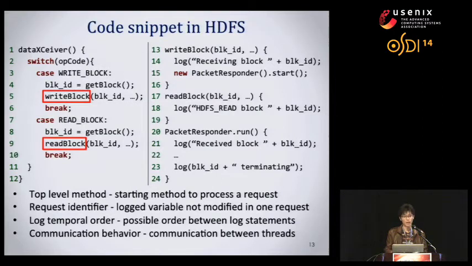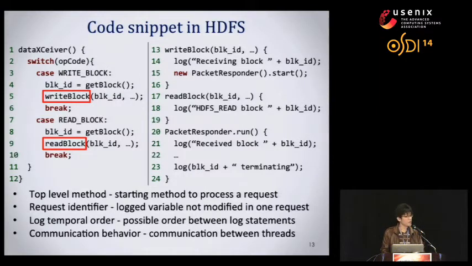Like the write block method, it is a starting method to process a write block request in a thread. And second, to differentiate requests of the same type, we need a request identifier, which we define as a frequently logged variable which is not modified in one request.